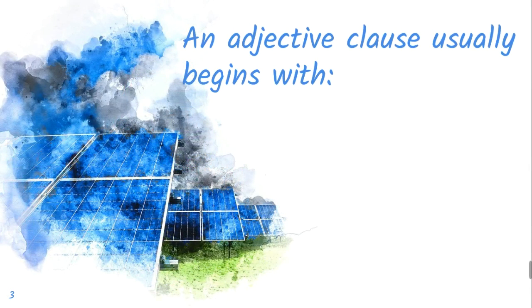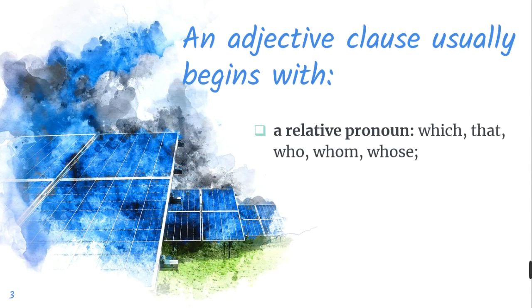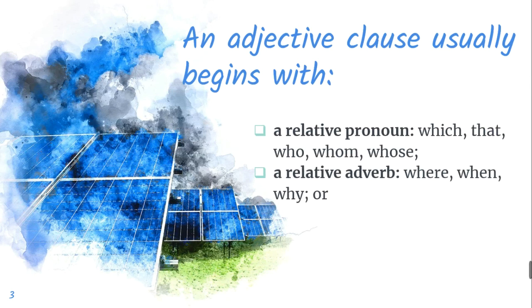An adjective clause usually begins with a relative pronoun, with this word: which, that, who, whom, and whose, and then a relative adverb: where, when, why, or a zero relative.